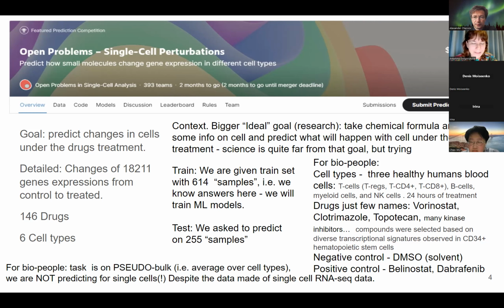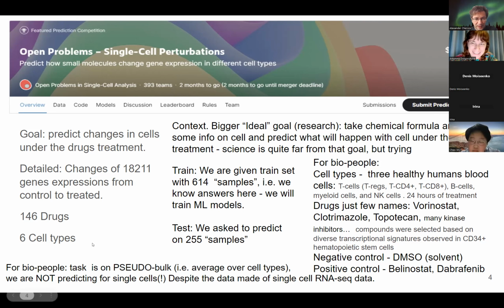But it raises a question of how generalizable this competition would be to many more drugs. The results we get will work just for drugs which produce diverse transcription signatures, not for all.